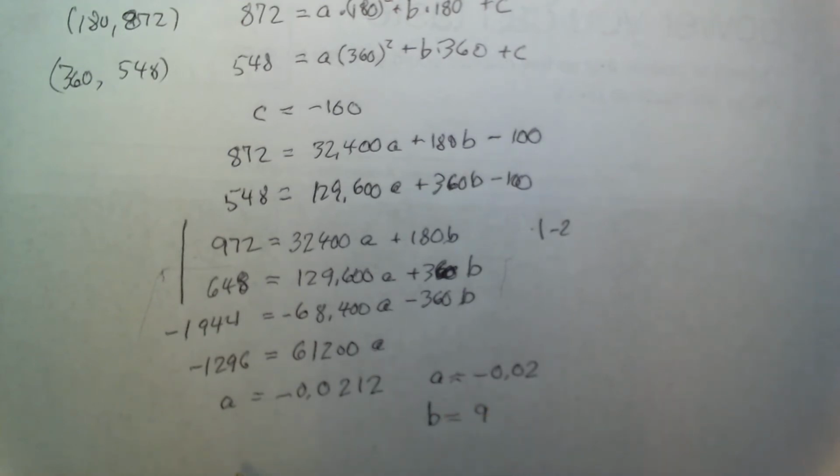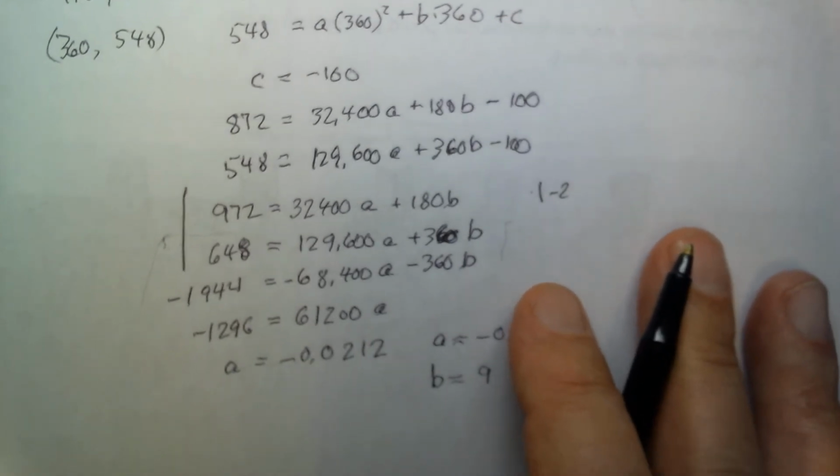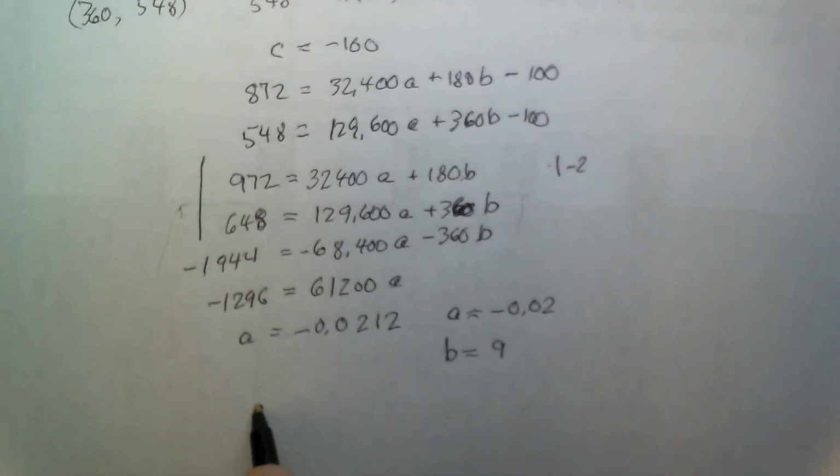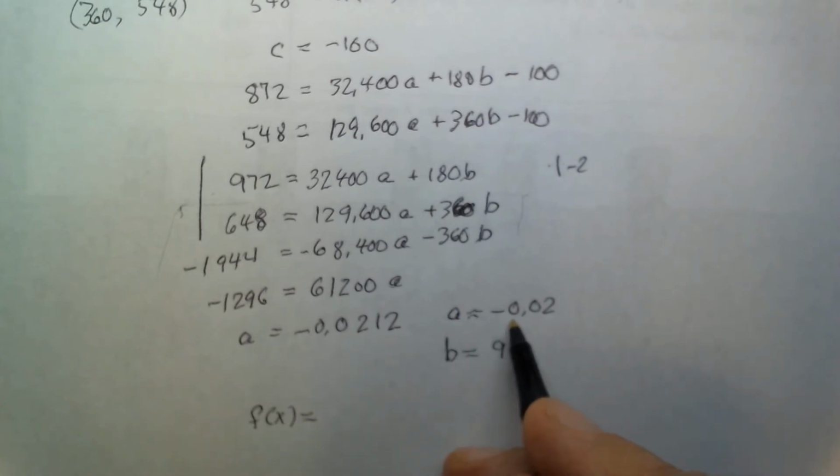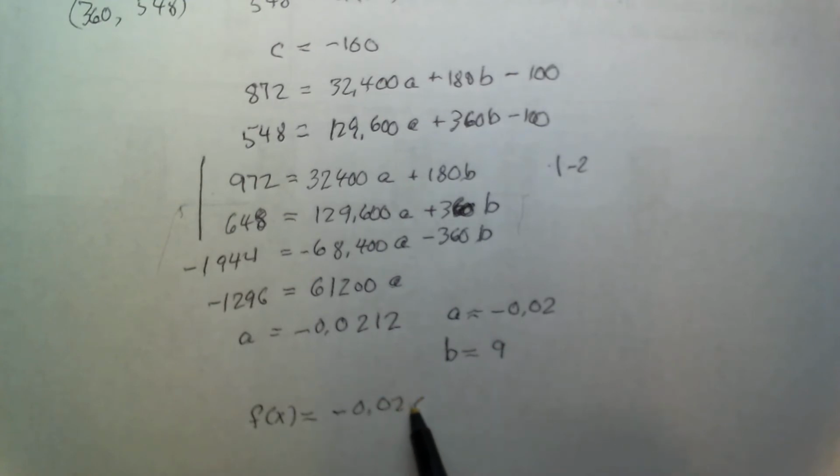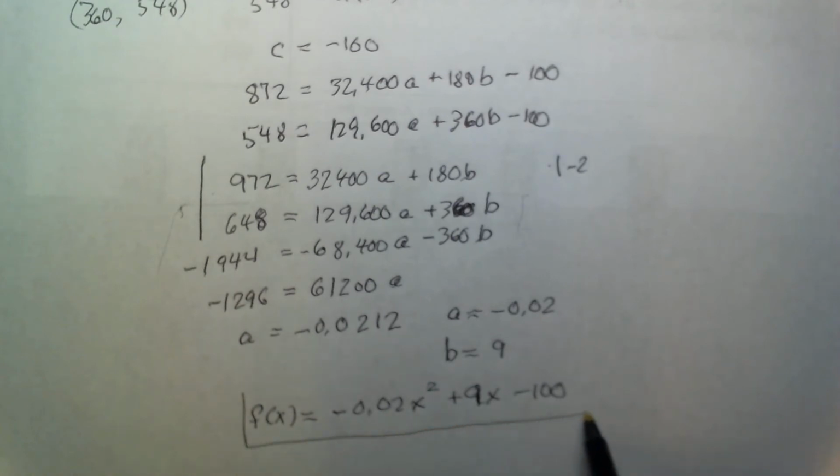So therefore, the function f of x equals -0.02x squared plus 9x, and remember c was equal to -100. So that is a quadratic function that models the three data points that we were supposed to select.